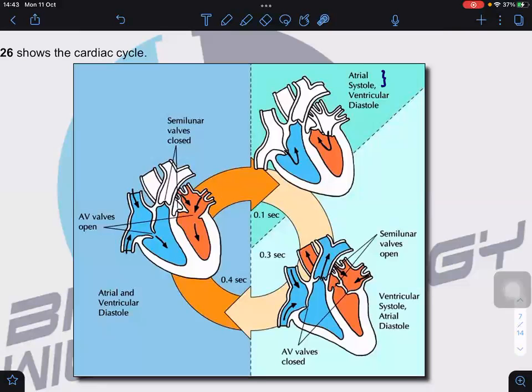Because the contraction of the atrium increases the pressure, so the pressure inside the atrium is higher than the pressure inside the ventricle. Therefore, the blood moves through this AV valve, the atrioventricular valve. The AV valve opens, which allows the blood to enter into the ventricle. Okay, that's the first event done. Now, next.